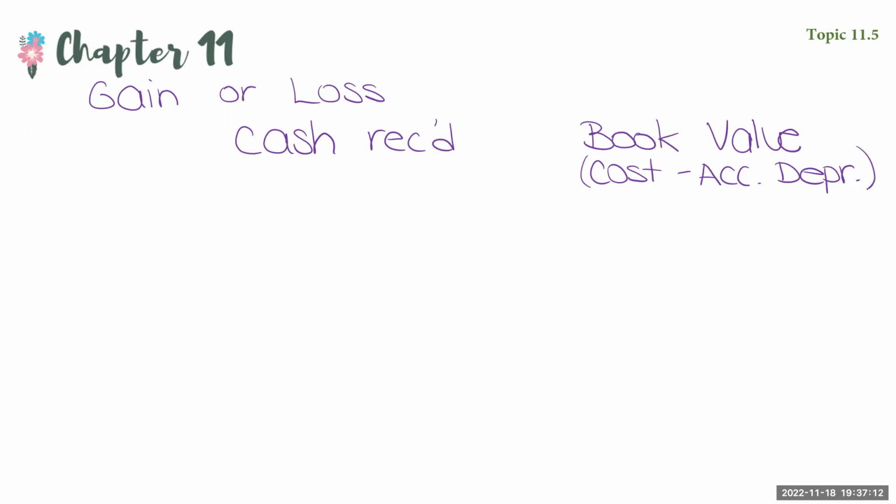If cash received is greater than book value, you have a gain. If the cash received is less than your book value, you have a loss. Okay. So that's how you would calculate whether or not you have a gain or a loss.